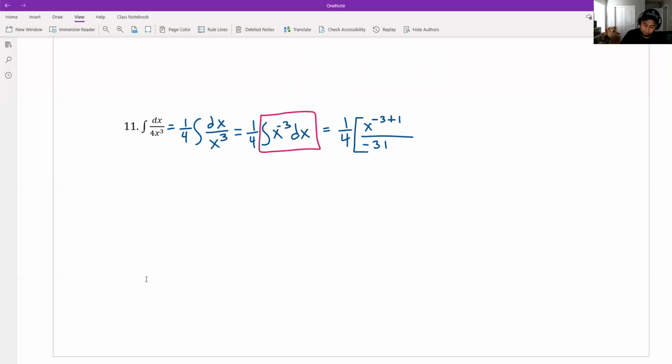Simplify. You get 1/4 times x to the -2 over -2. Now, multiply the fraction, and you'll get x to the -2 over -8.